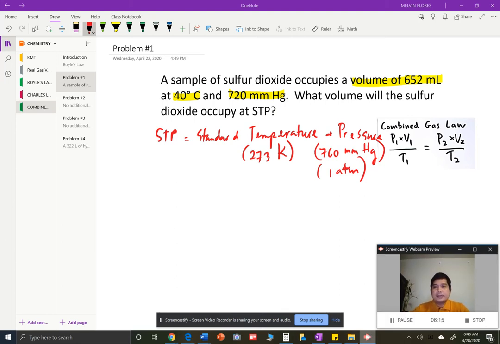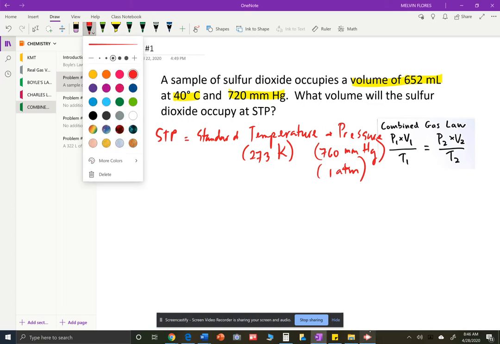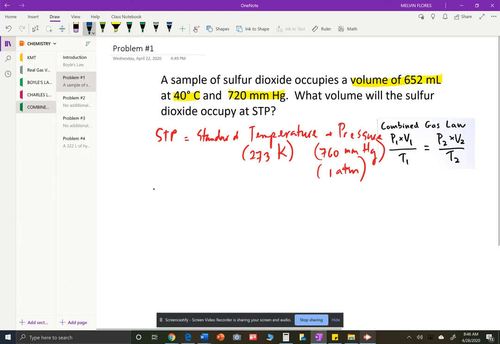Okay, so let's try to identify the given. So we have here V1, which is the initial volume, that's 652 ml. And then of course we have our T1, which is 40 degrees Celsius. Remember to convert degrees Celsius into Kelvin by adding 273.